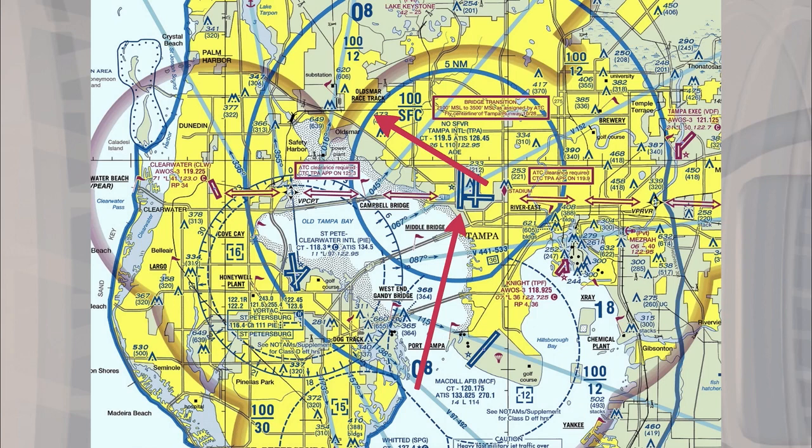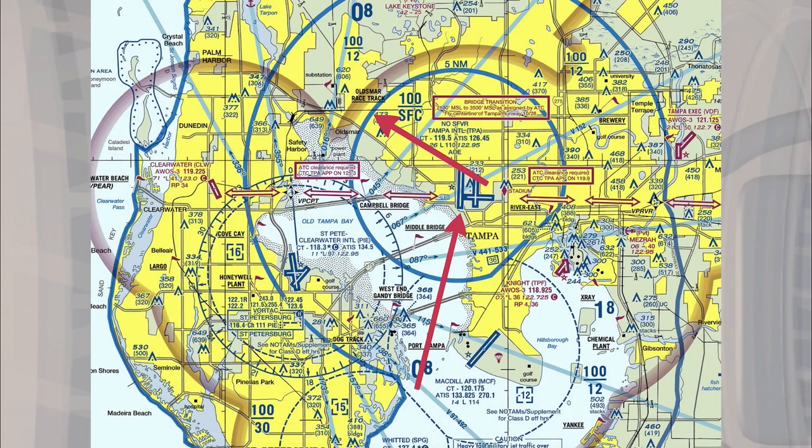Well, that number is 100, and we always add 2 zeros to these numbers, so it's really 10,000. And then the SFC stands for surface. So that class Bravo circle there is from the surface up to 10,000 feet.